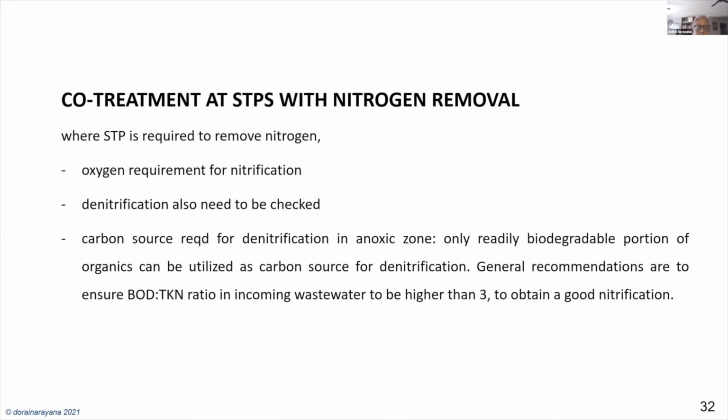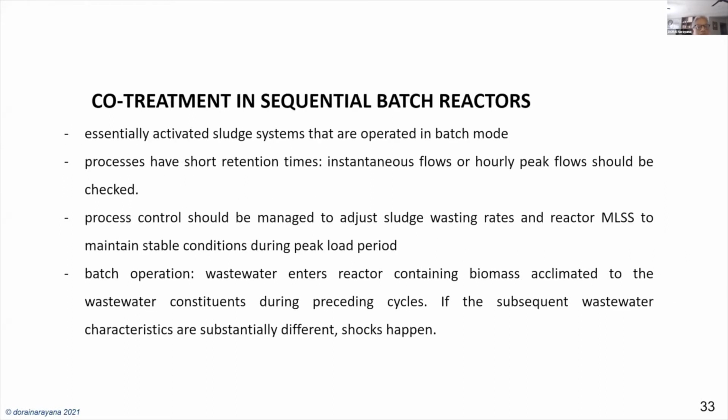And the way it's done is to see that the BOD to total Kjeldahl nitrogen ratio should be at least 3. So that's the recommended ratio to ensure that there is sufficient carbon source for this. Now let's look at different processes other than activated sludge.